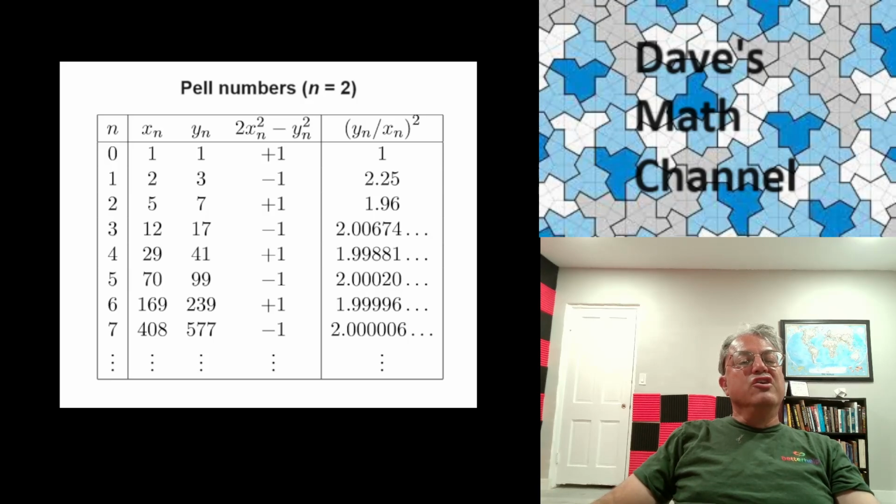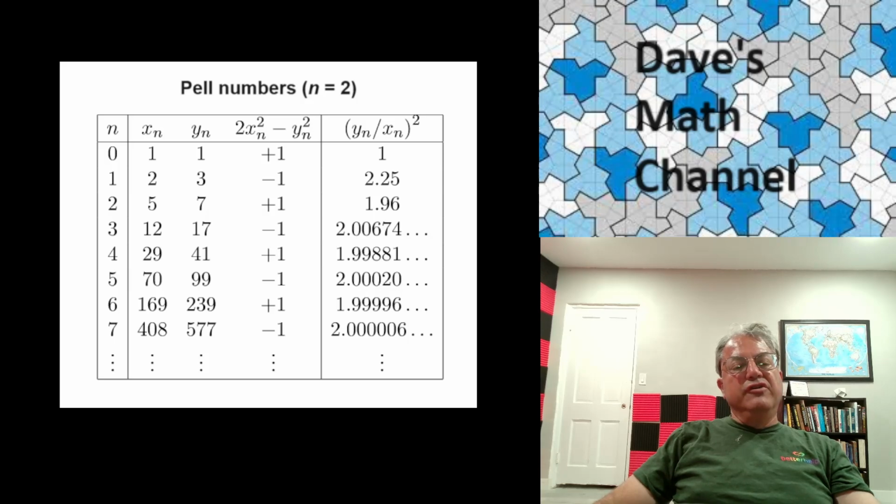It gives you 1. But the next one, when you square it, gives you 2.25, then 1.96. They get very, very close. By the time you're up to the 7th rational convergent, when you square it, you get 2.000006. It's only off by about 1 part in a million. So these get very, very close to the square root of 2 pretty quickly.